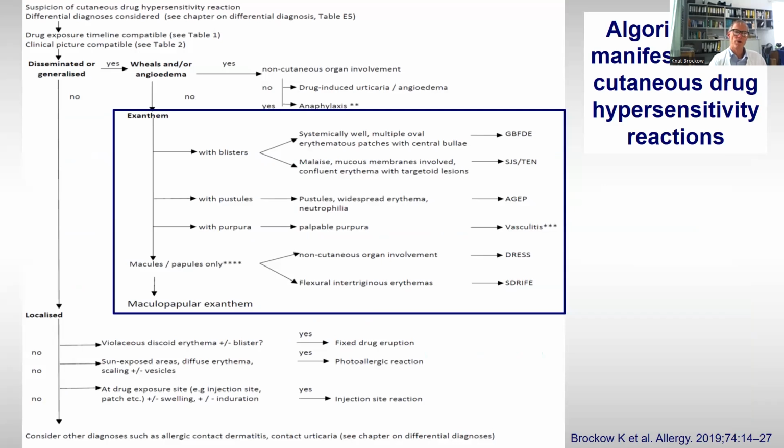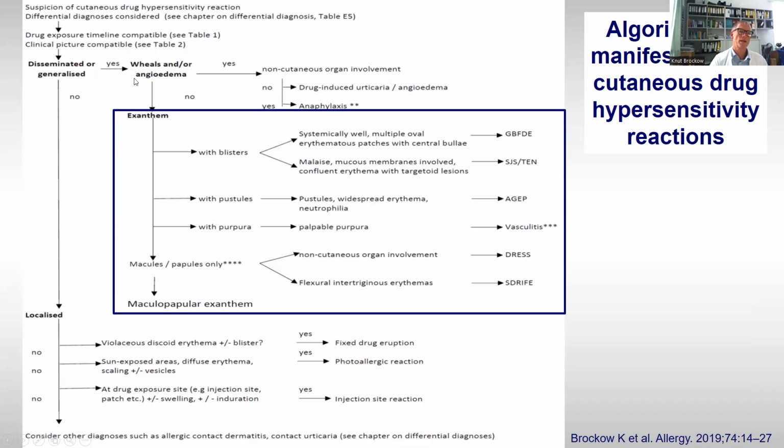And now you have to give the manifestation, which is important, of cutaneous drug hypersensitivity reactions. Concerning manifestations, you differentiate between localized reactions, which we are not going to talk about now, and disseminated or generalized reactions, which have to be further differentiated.